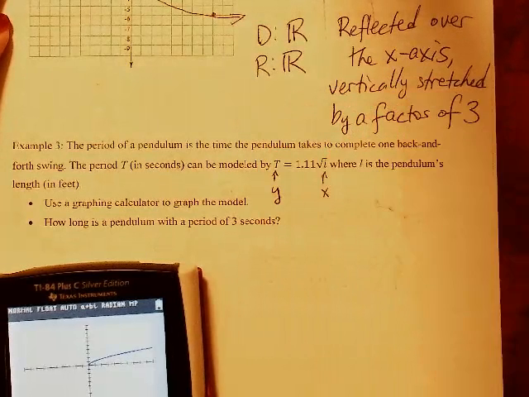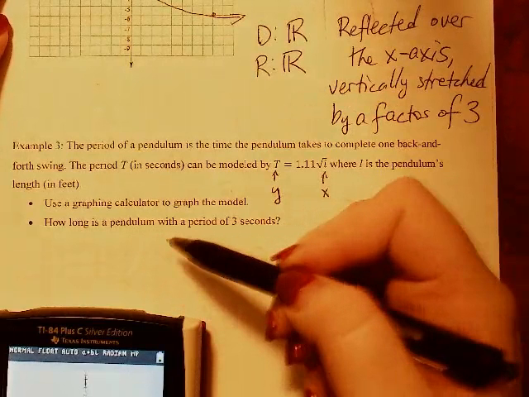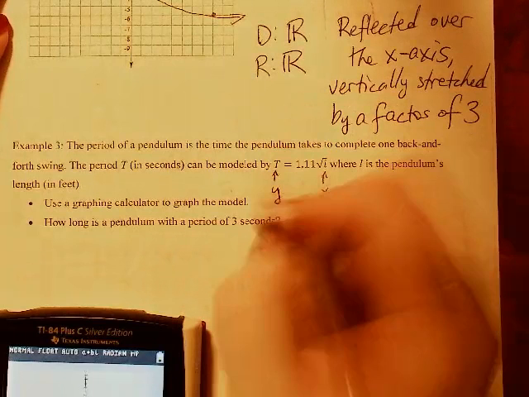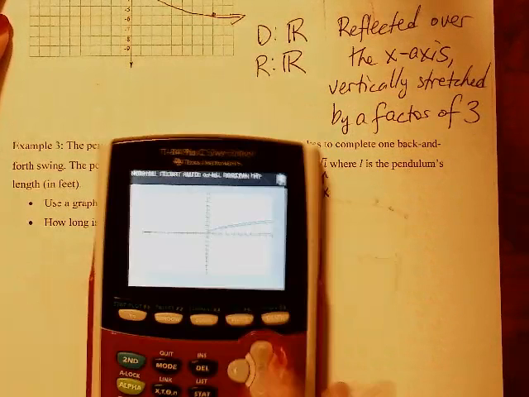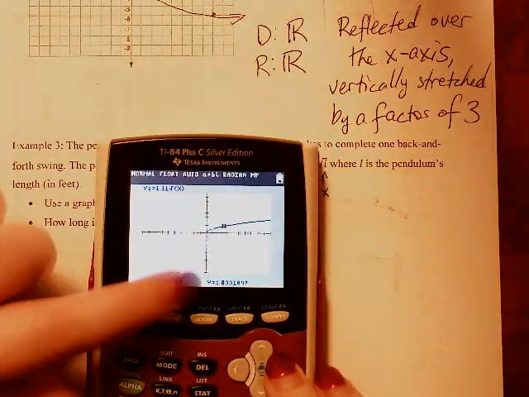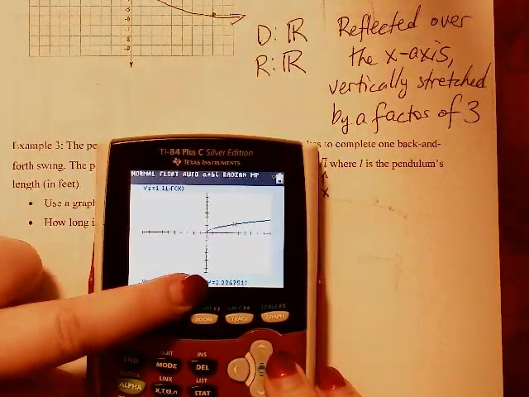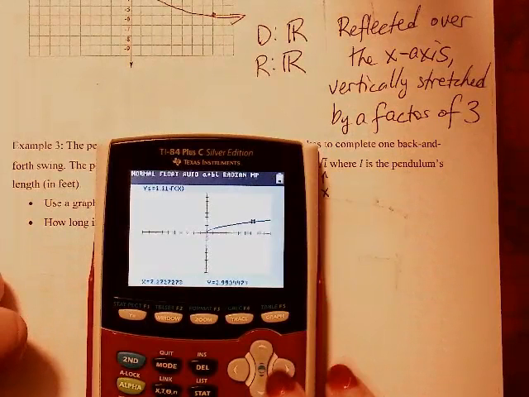So we want to know how long is a pendulum with a period of 3 seconds. So we're looking for where y equals 3. So I'm going to hit trace, and I'm going to keep going until my y gets to about 3. That's pretty close.